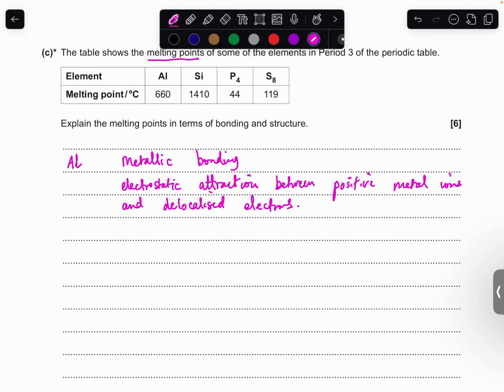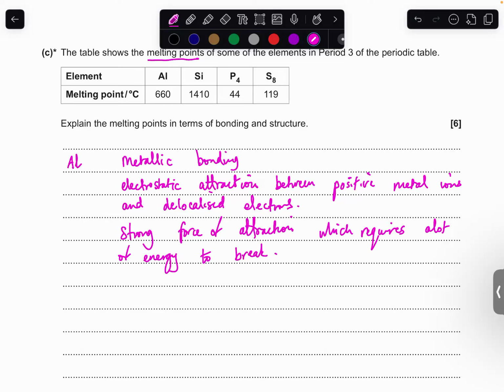Now you see the metallic bonding is a strong force of attraction, which requires a lot of energy to break.